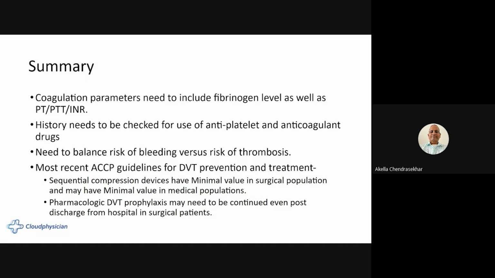SCDs have minimal, if not zero, effect on surgical patients, and they may not have much of an effect on medical patients. Although in medical patients, the data is still coming back, but at this stage, that's something to think about. Now, if anticoagulation is contraindicated, then obviously you have no option.